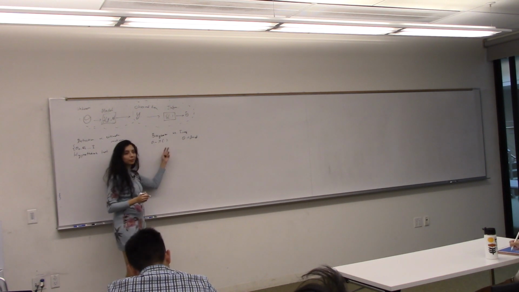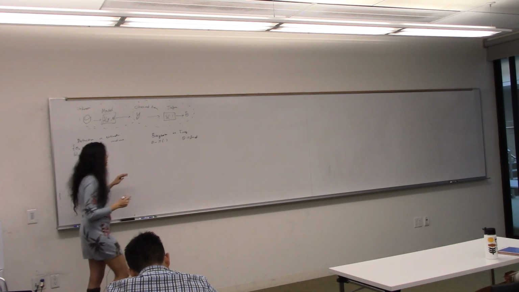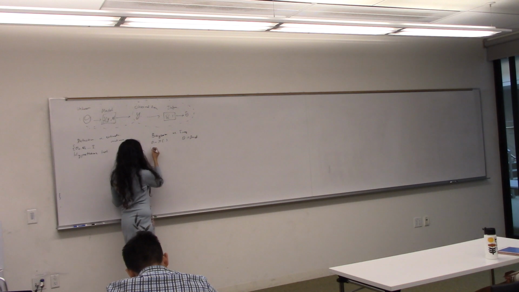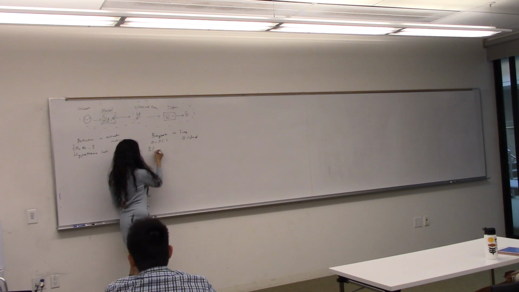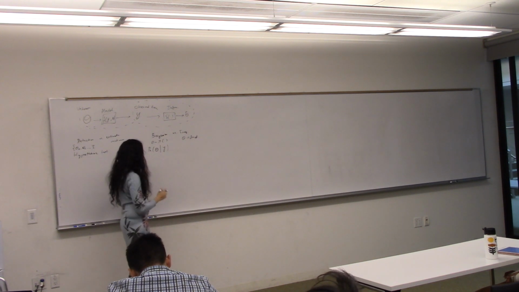It's drawn from some prior distribution. And in the Bayesian setting, we compute the posterior, right? The posterior is the probability of theta given the data, right? Given the observed data.